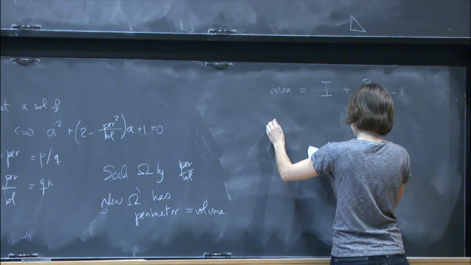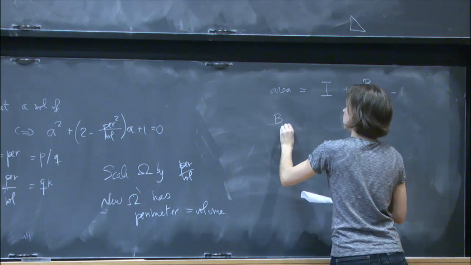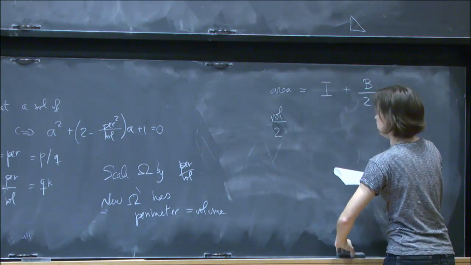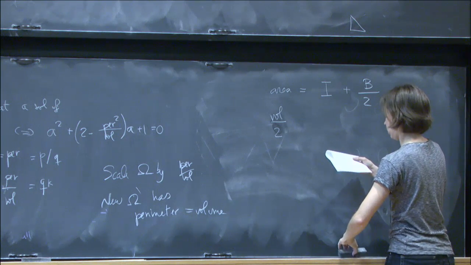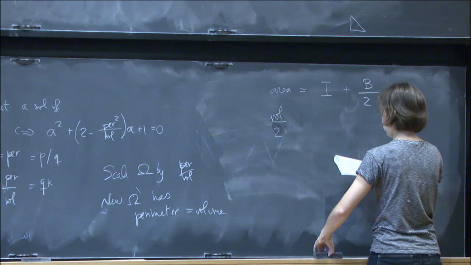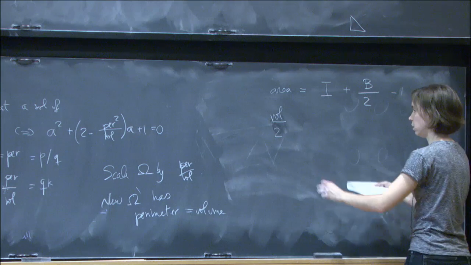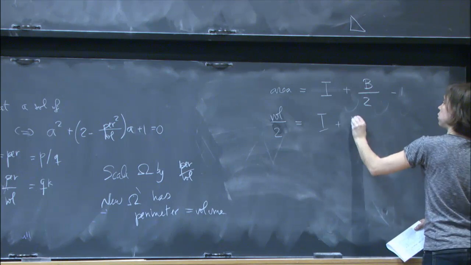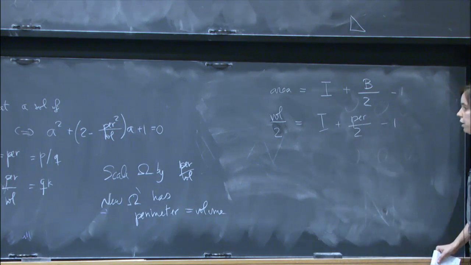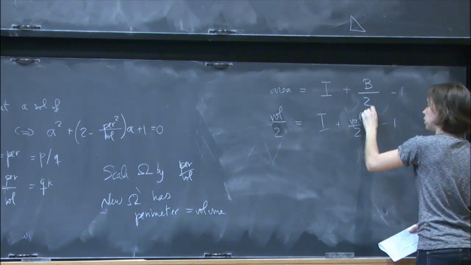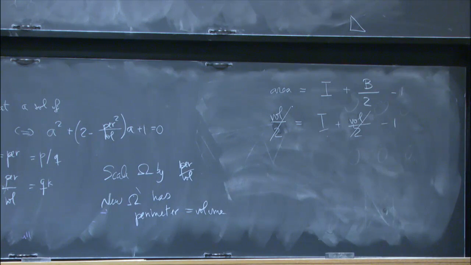So vol over 2 equals the number of interior points plus the boundary over 2, minus 1. The boundary is just the perimeter. But I said that the perimeter was equal to the volume. So this cancels, and there's exactly 1 interior lattice point. So that's how we get the 12.